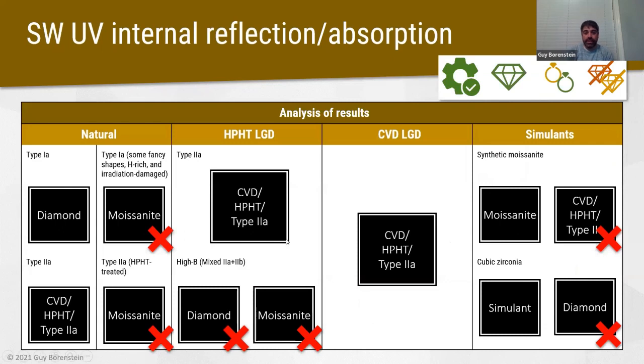If we are looking at the results, usually with type 1A, most of the stones will be identified as diamond, there will not be a problem.